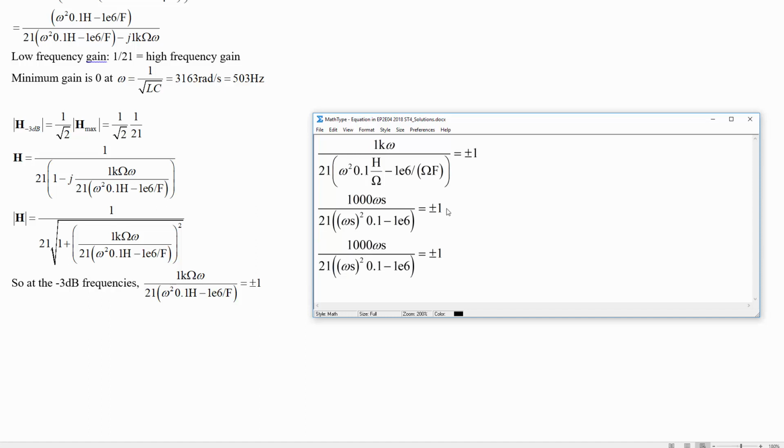Last part then, we're going to cross multiply by this, and then that's the same as having a plus or minus on the other side. So we've got 1000 over 21 times omega times seconds. And then on this side, we've got omega times seconds squared times 0.1 minus 1e6.